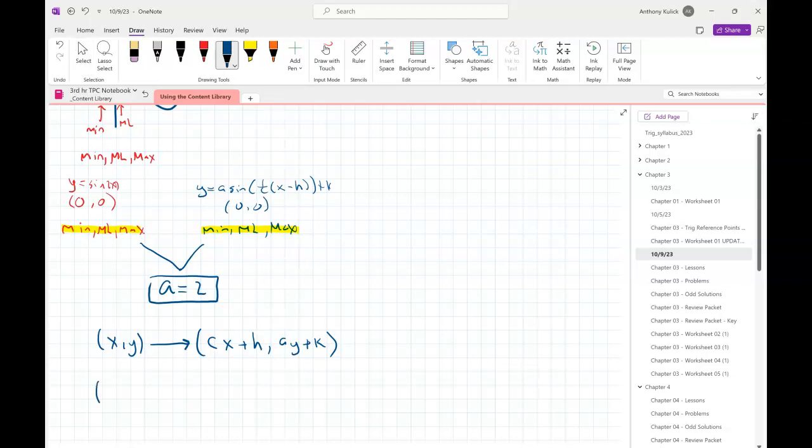So we know that the point (0, 0) from sine is going to go to the point (0, 0) in our transformed function. And we know that the c was 2. The h we're not sure on yet. The a we said was 2, and the k is 0.